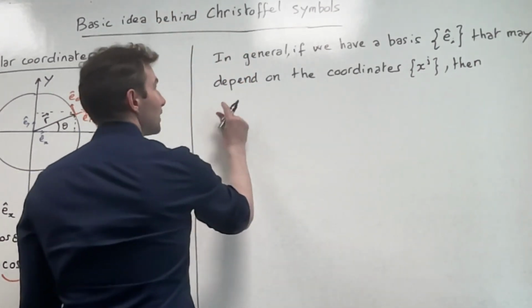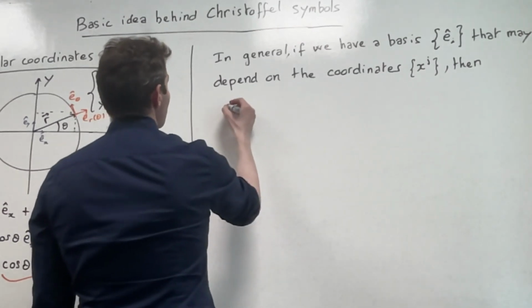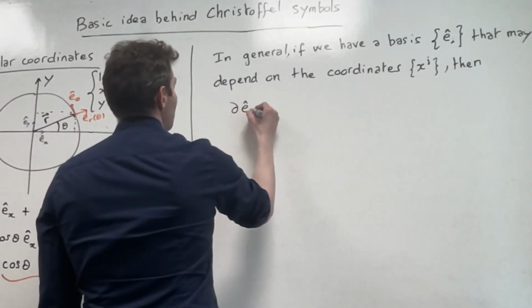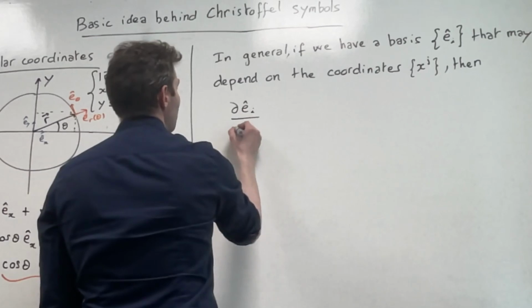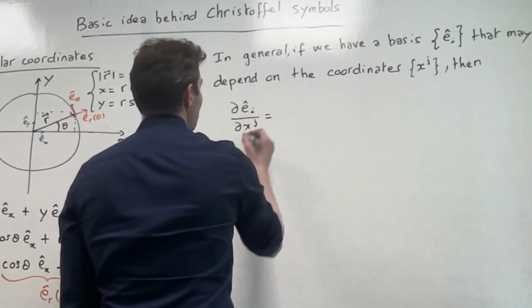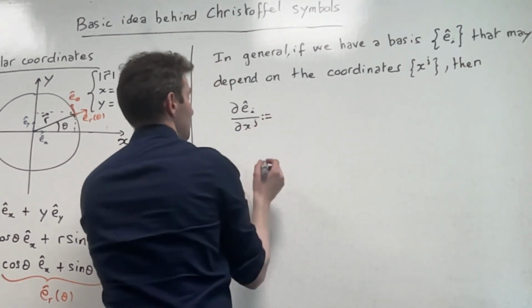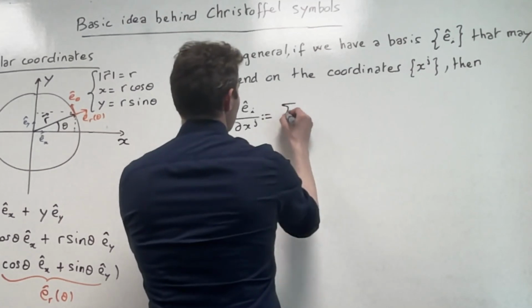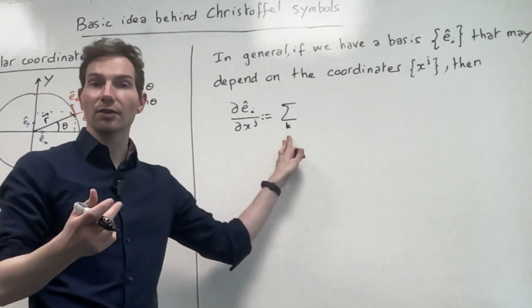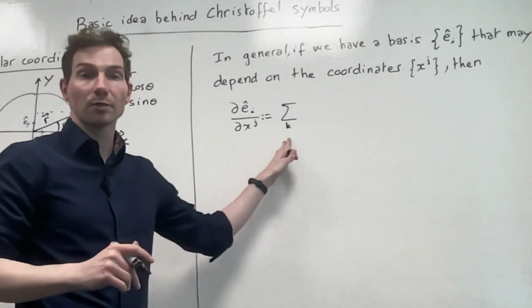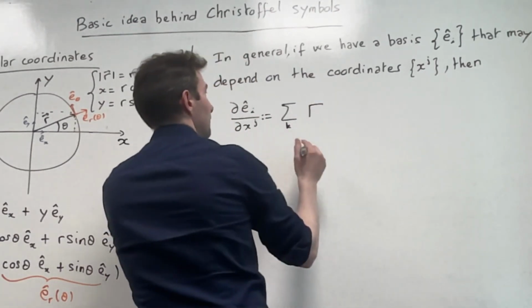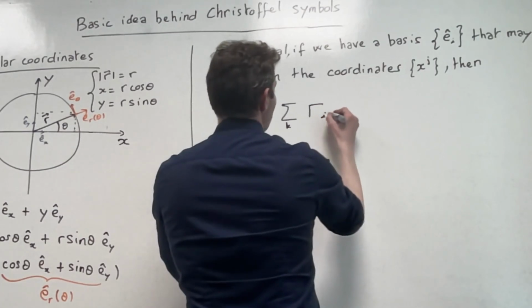So essentially, this is going to be like so. So you've got that by definition, you've got d of Ei, and then here you differentiate with respect to xj is going to be equal to, and that's a definition, the sum over k. So again, k here is going to be running over the coordinates, labels basically, of a set of numbers that I'm calling here gamma, i, j, k.